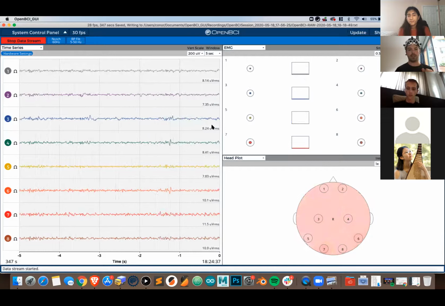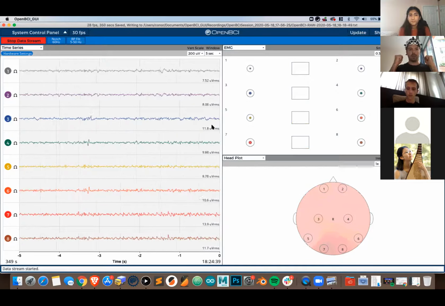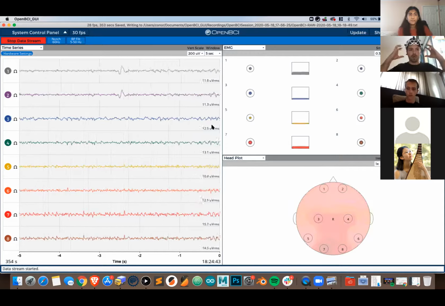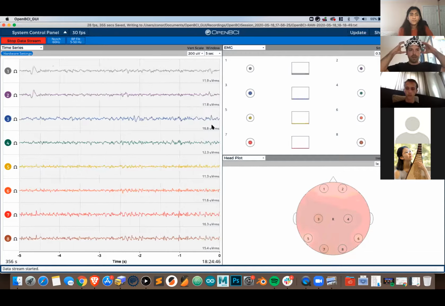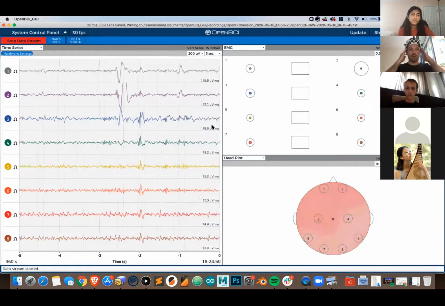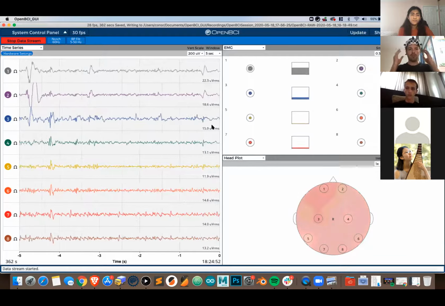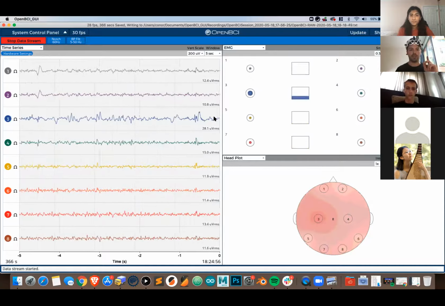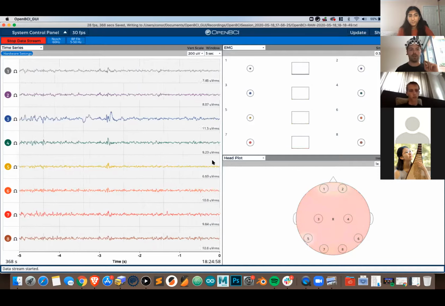If I clench my jaw, I'm going to produce a ton of EMG all across my scalp, but predominantly above my ears, because that's where your muscles are. If you clench your jaw and feel the muscles above your ear, you can feel them clenching. Now I'm going to do it, and watch specifically channels 3, 4, 5, 6.